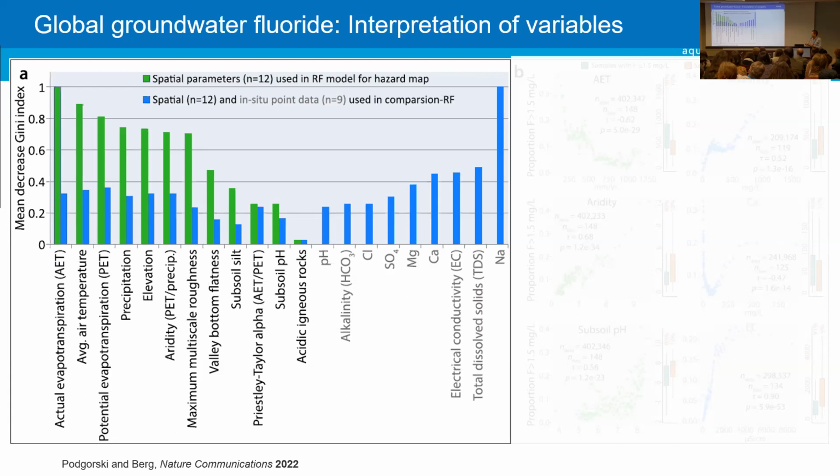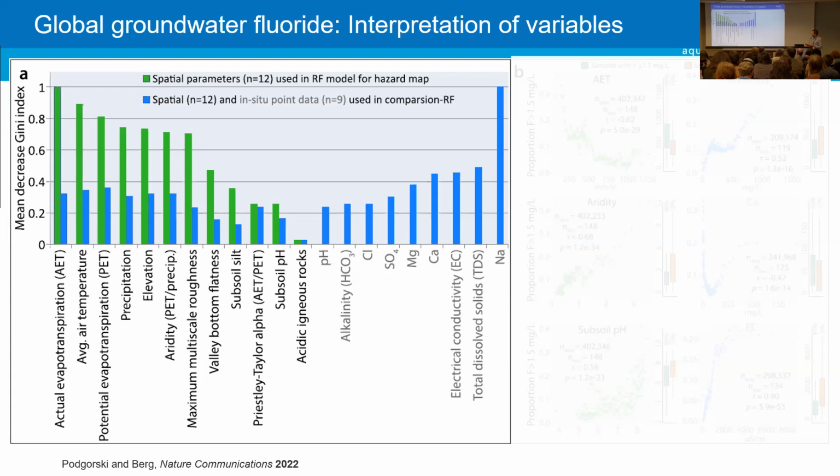The top variables in this case, just using this example of fluoride, are climate variables. And these are all environmental variables because we're dealing only with geogenic contaminants, this naturally occurring contamination. So in addition to the climate, there's topography, soil parameters, geology.